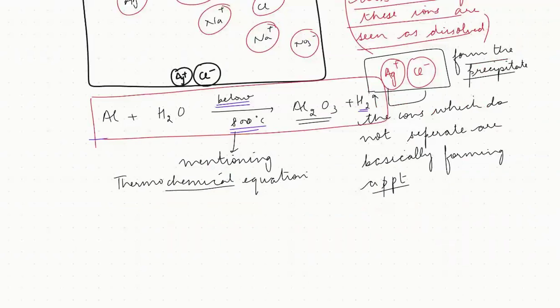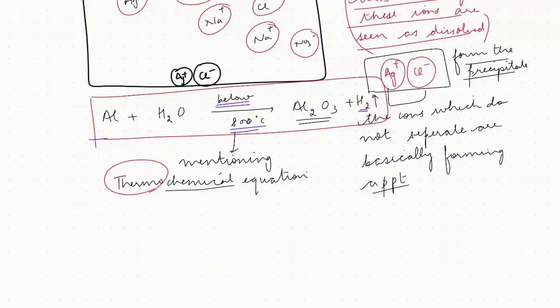But I am also representing what? I am also representing the heat and the temperature. So any reaction where you represent how much amount of heat is being absorbed or how much amount of heat is being released, such reactions are basically called as what? Thermochemical reactions.